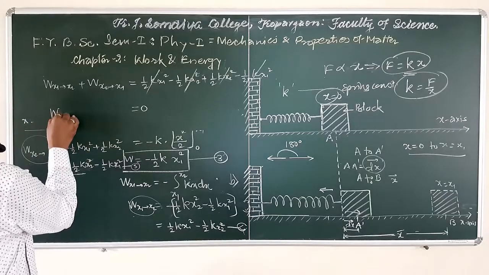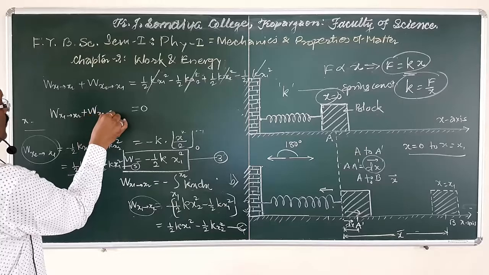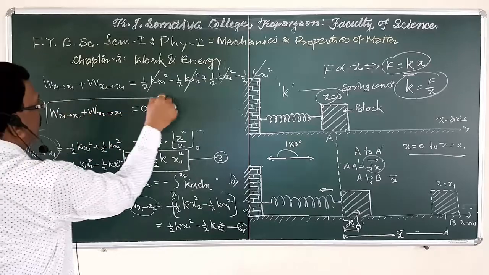That means W x1 to x2 plus W x2 to x1 is nothing but 0.